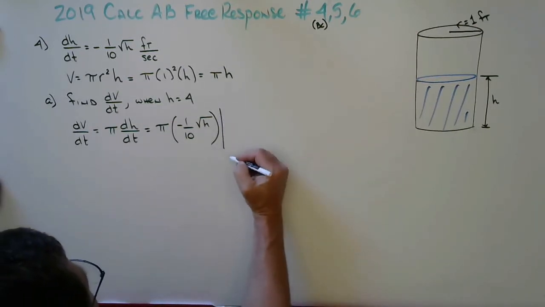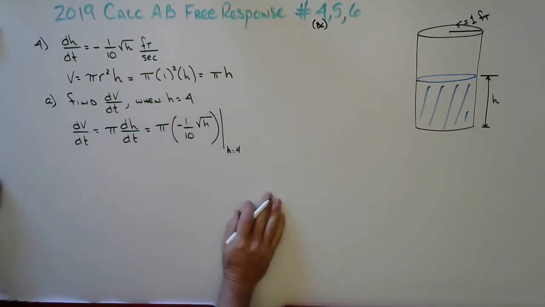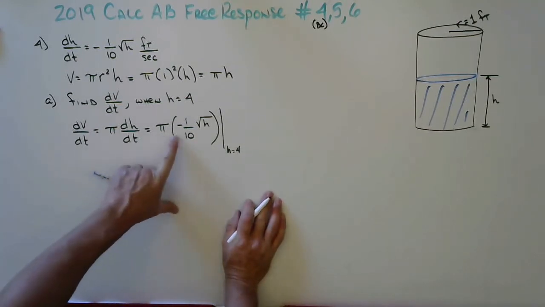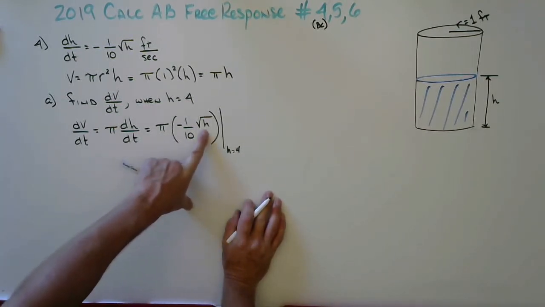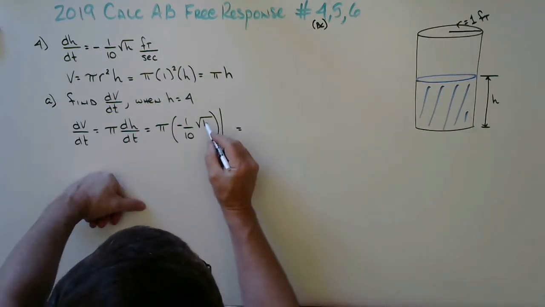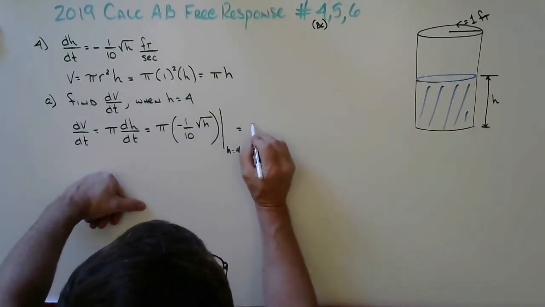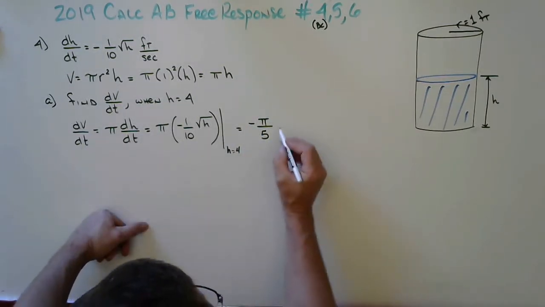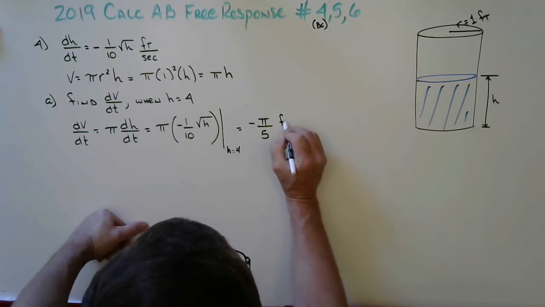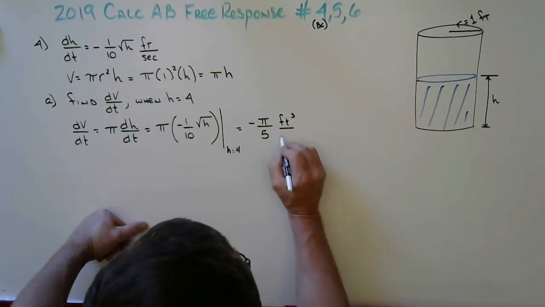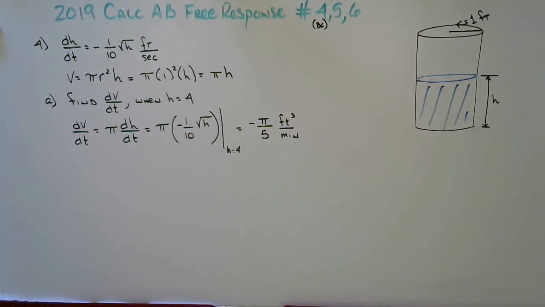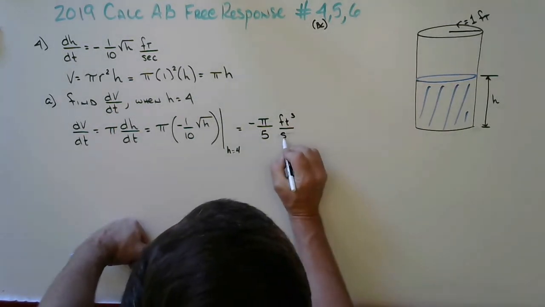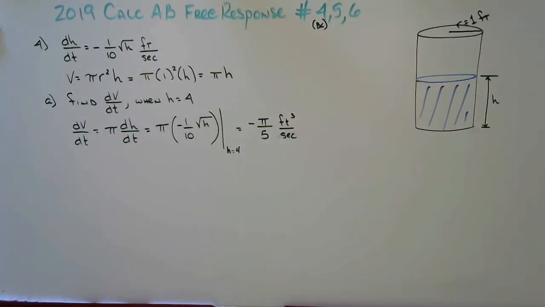And they asked us to evaluate this when h equals 4. So we get pi, negative 1/10, the square root of 4 is 2, 2 into 10 is 5. This is negative pi over 5. And that's the rate of change of the volume, so that's cubic feet per... oh, sorry, seconds. Okay. So that's the answer to part A.